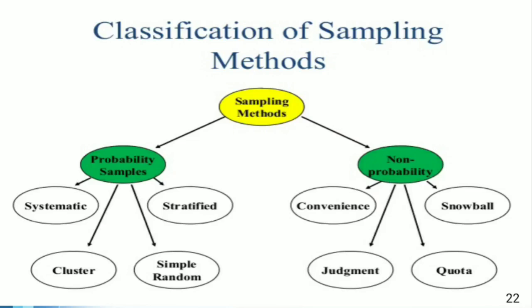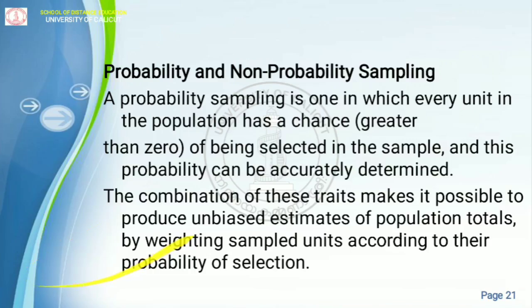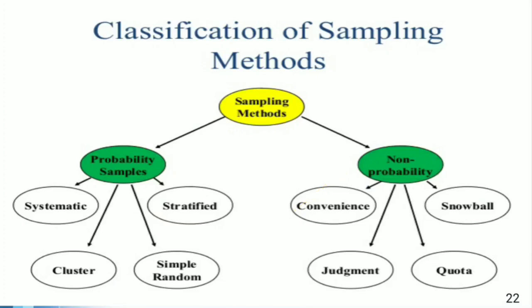In cluster and stratified, if you are reading you will feel that both methods are similar, but the difference is, in cluster sampling we will arrange or classify the population in different clusters, but in stratified we will arrange them in homogeneous strata or groups.